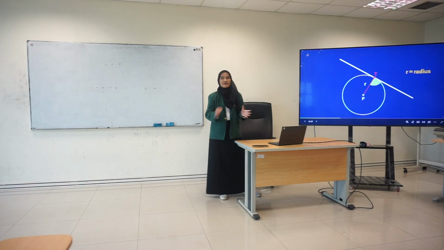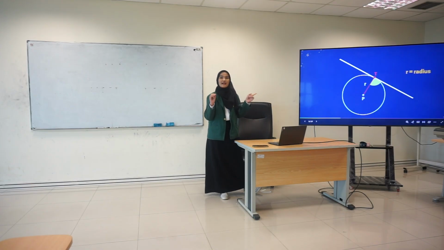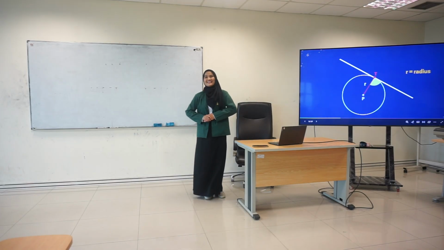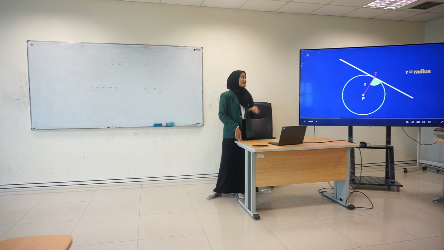The radius line that touches the tangent line creates a new angle, the green area. This angle is a right angle, and its measure is 90 degrees. So from this illustration, the radius line and the tangent line are perpendicular.